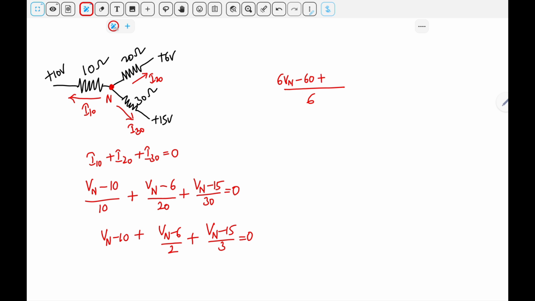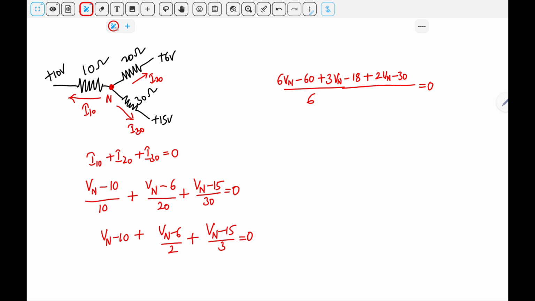For the second term, it is 3 Vn minus 18. These are the second, third and fourth terms. Next, the fifth and sixth terms are 2 Vn minus 30. Total is equal to 0.